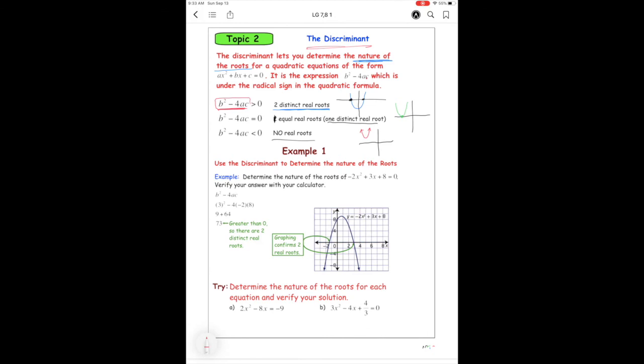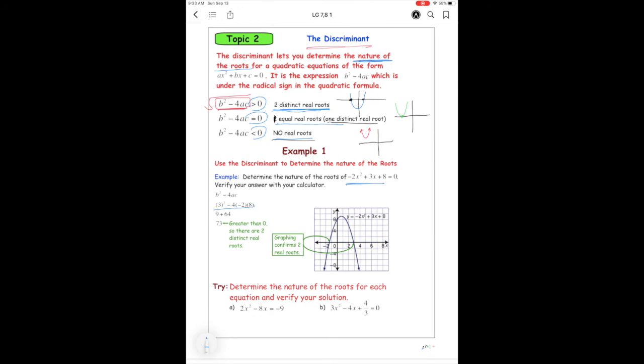Now how we know is all we do is we take the discriminant. This is the discriminant, this part right here. That's the part under the radical. And we just plug and chug. And if we get an answer that is greater than 0, like 1, 2, 3, whatever, you know it's got 2 distinct. If it's equal to 0, it's got 1. And if it's less than 0, it has no roots.